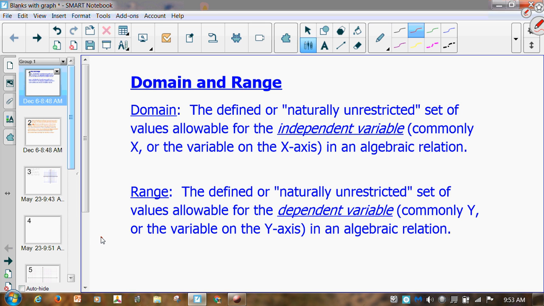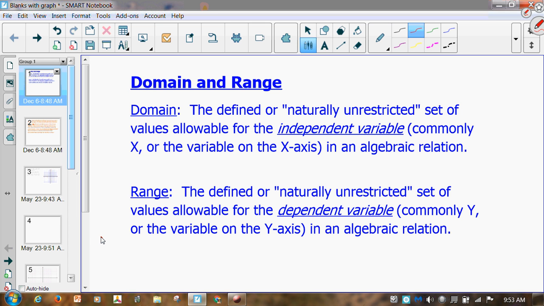The definition of domain is the defined or naturally unrestricted set of values allowable for the independent variable, which is commonly the x variable or the variable on the x-axis in an algebraic relation. Okay, when I say defined, quite often we define the variable, its value set, based on just practical reasons.